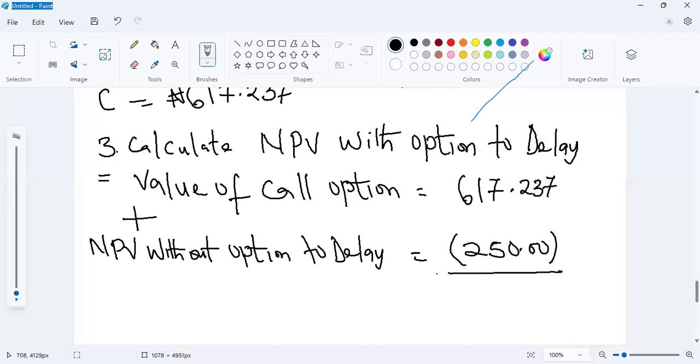Take these two together. What's our final value? 367.237.